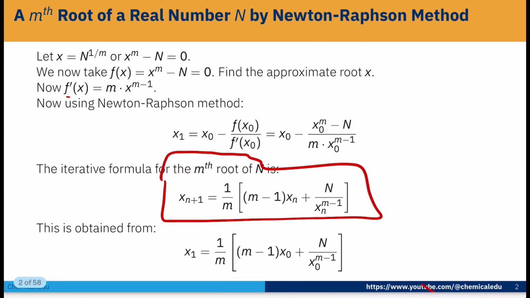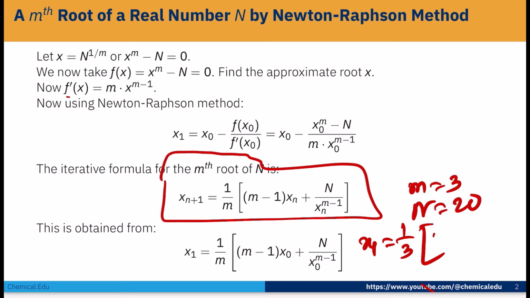So if I write here, m is 3 and n is actually 20, so x1 is equal to 1 by 3, then (m minus 1) which is 3 minus 1, times x0 plus 20 by x0^(3 minus 1).